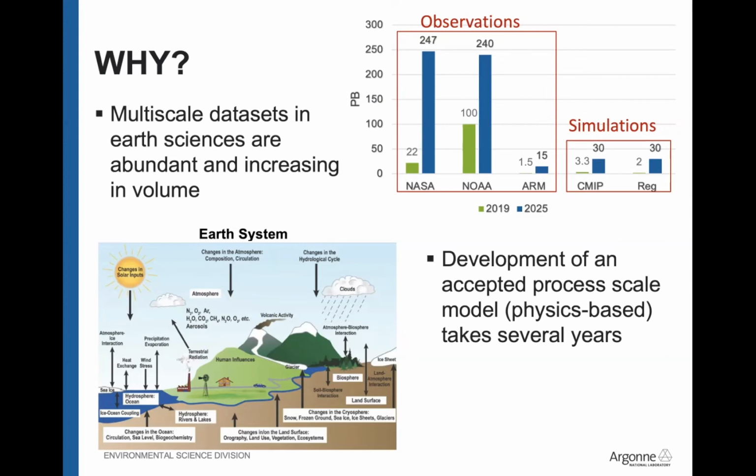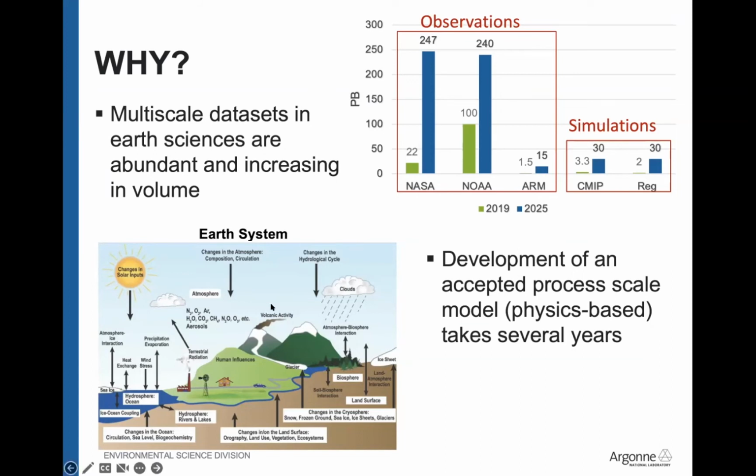And that's one thing. We have a lot of data now. The other thing is developing a physical process for an Earth system model will take a long time. And as you can see on the lower left figure, there are very sophisticated processes in the Earth system model that describe everything in the atmosphere or outside of your window.